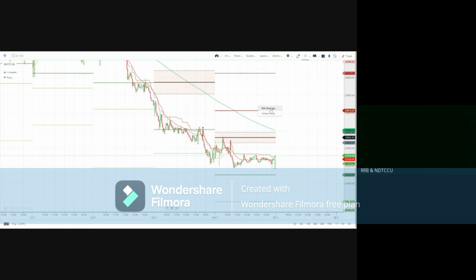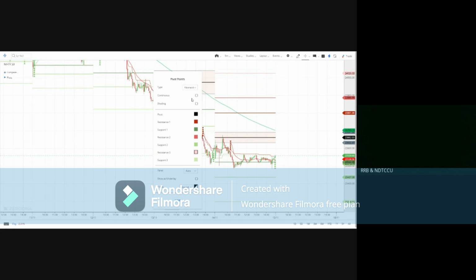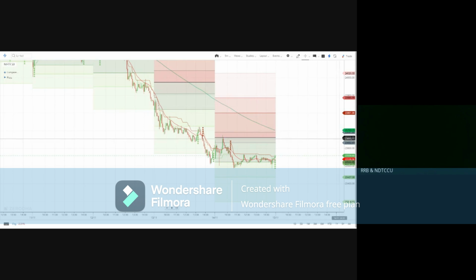So you can right click, edit settings, go to the type. I set it to Fibonacci, and I have put shading here just for my eye comfort to catch more. Otherwise, there is no need to put a shading. It depends on what you like. If you want a clean chart, you need not apply the shading.